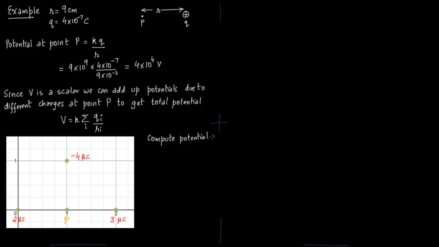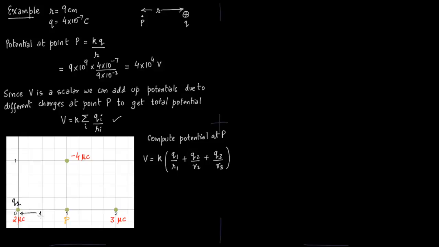So potential at point P is because of 3 different charges, and we have to use the summation formula now. K times the first charge divided by the distance of point P from the first charge, plus the second charge divided by its distance, and finally Q3 over R3, the third charge divided by its distance. Let us take Q1 as 2 microcoulomb.